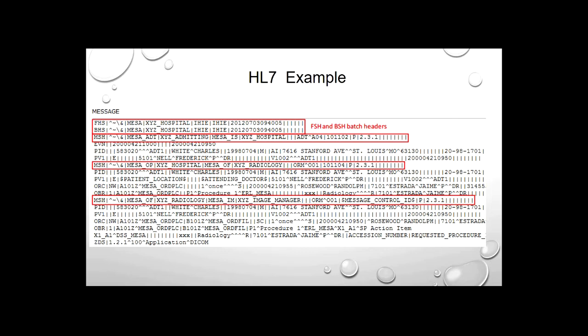Each one of those 3-digit headers has a meaning for it, and you can kind of see some of the information that is found in this particular transmission. And we're not going to get into the details and intricacies of how HL7 works, but you just need to know that it is a standard for allowing systems to speak with each other.